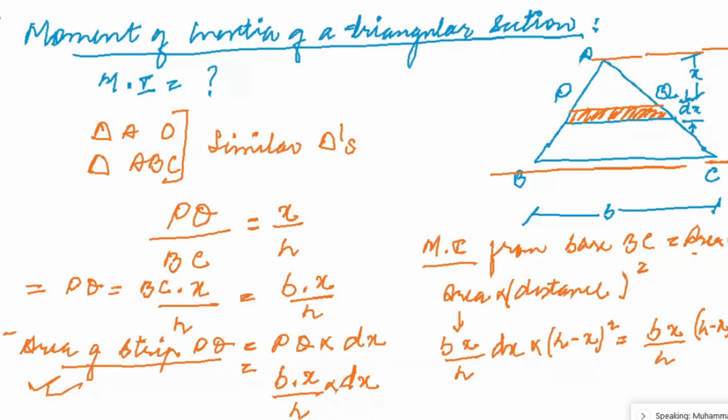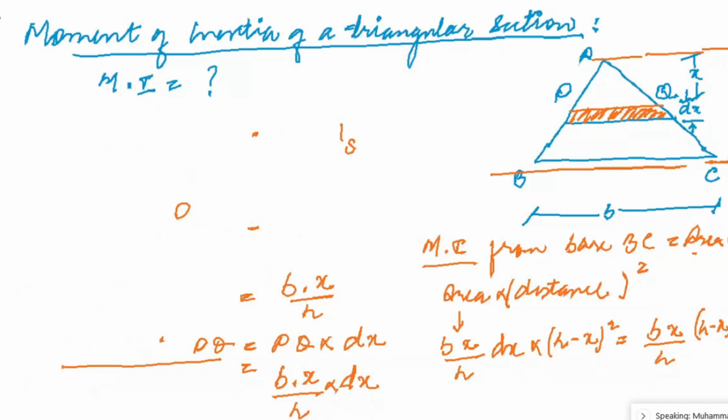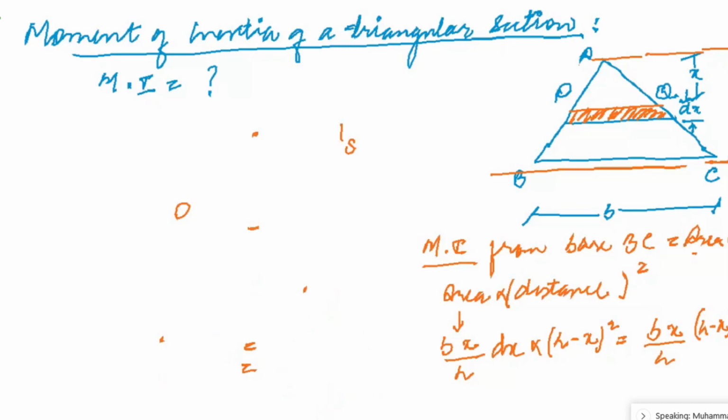Now, what we have to calculate is the moment of inertia of the triangle, of the whole area. That was for the elemental area, a small strip PQ. In order to find the moment of inertia for the whole triangle, we simply have to integrate within limits, such that the limits include the total area of the triangle.